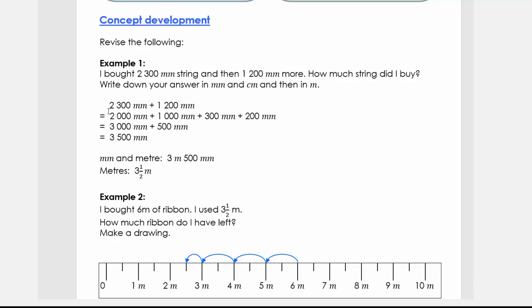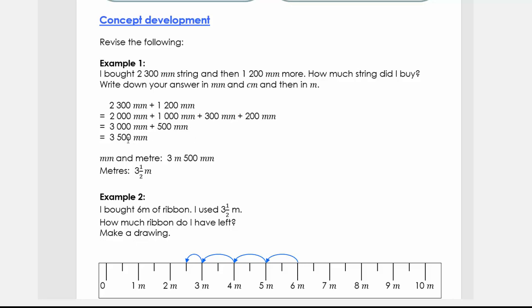So we're going to add it. We break up and say 2,000 millimeters plus 1,000 millimeters, and there we have our 300 and our 200. Exactly like we did with expanded notation, where we add the thousands and then the hundreds. 2,000 plus 1,000 is 3,000 millimeters, plus 300 plus 200 gives us 500 millimeters.